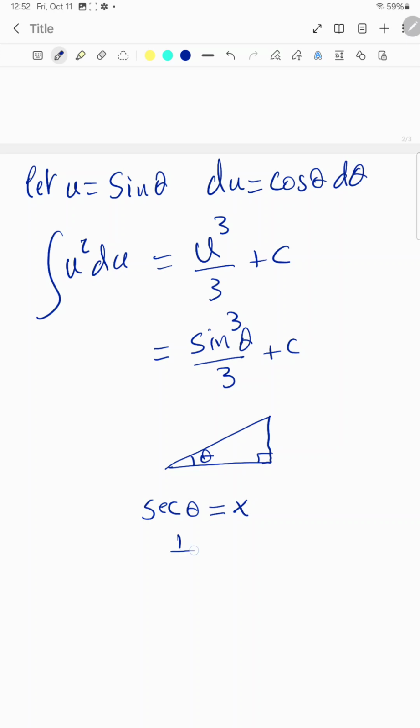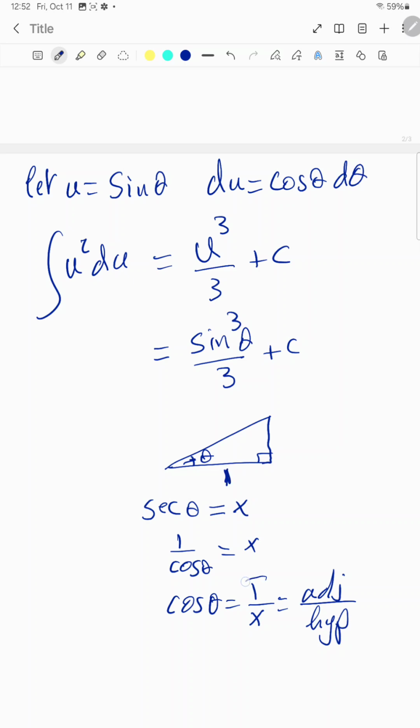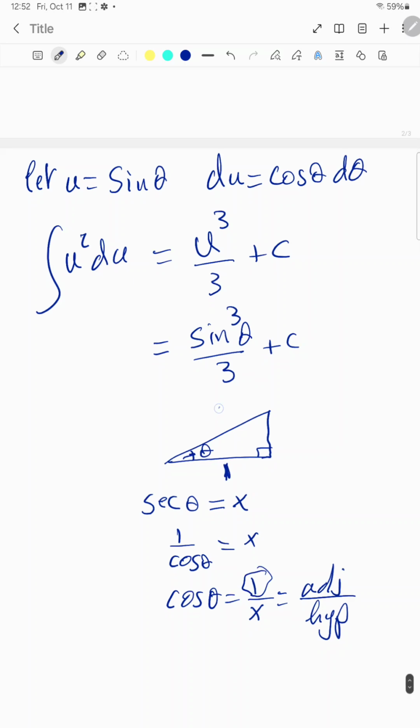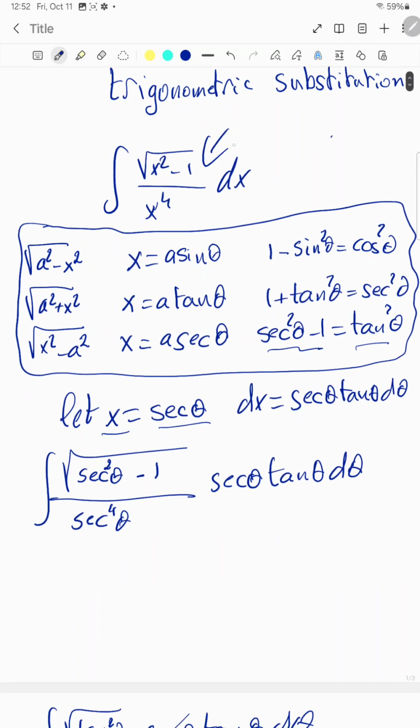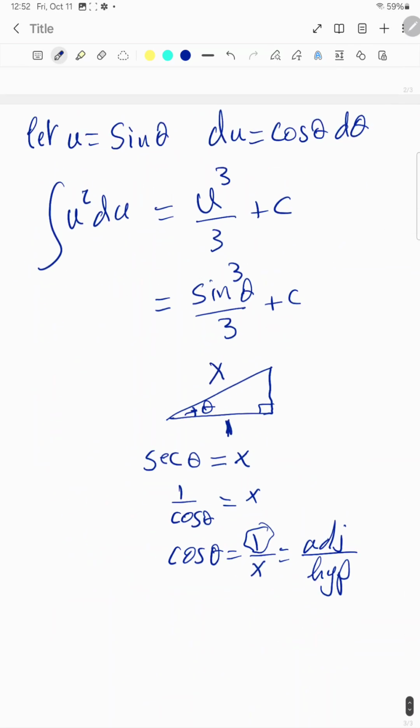But I know sec is 1 over cosine of theta, so cosine of theta is equal to 1 divided by x. And this is adjacent divided by hypotenuse. So the adjacent of my theta angle is the 1, and the hypotenuse is x, so I still have to write the square root of x squared minus 1, and I have only one spot for it. It becomes the square root of x squared minus 1.